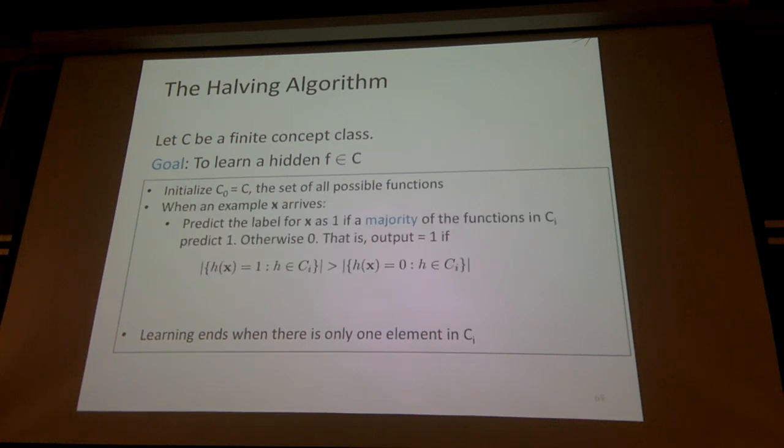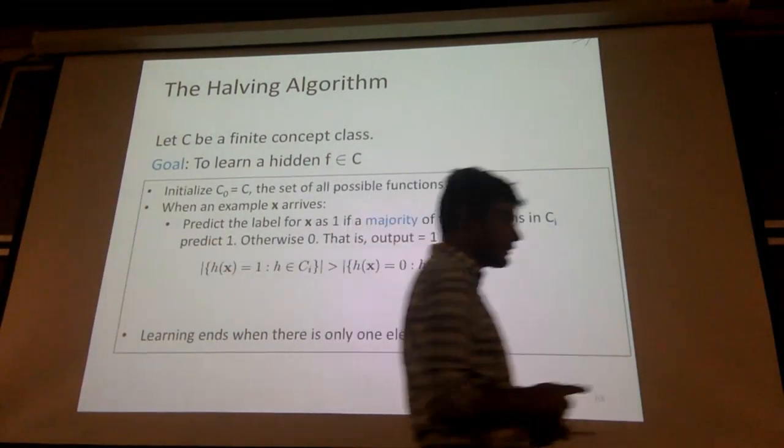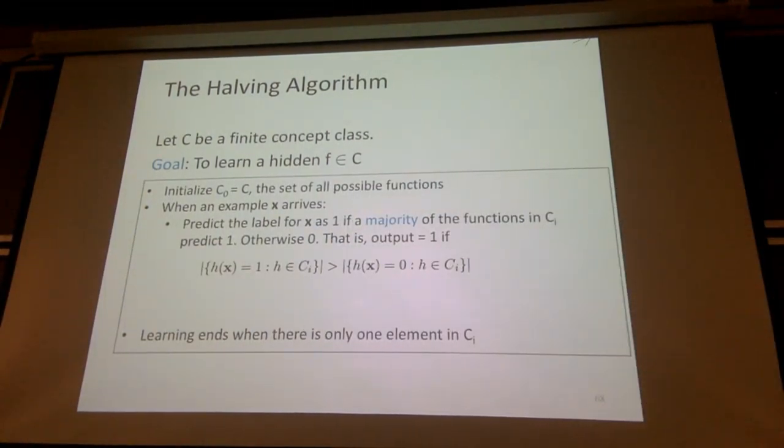Now the only thing left is to say how these subsets are constructed. We are playing the same game as before. This is the mistake bound model, so we see one example at a time. Let's say we have an example X that has just arrived. Now, for any mistake bound kind of model, you need to decide three things. You need to decide what internal representation the algorithm maintains.